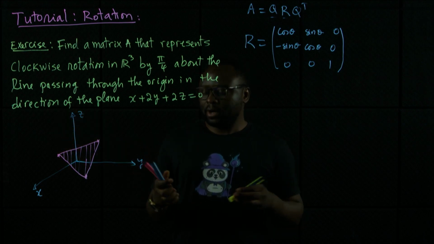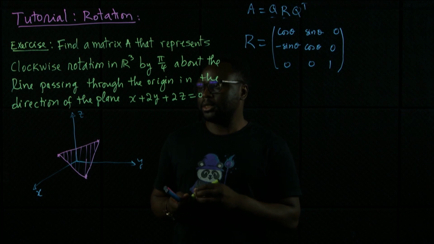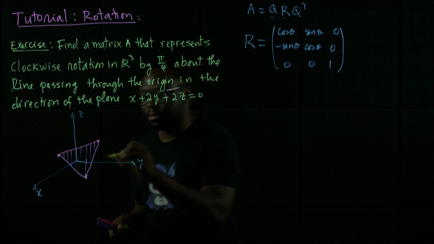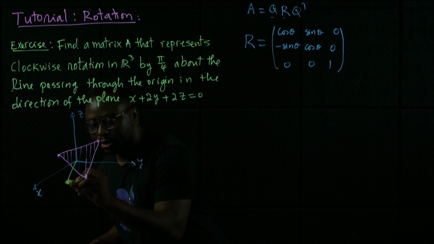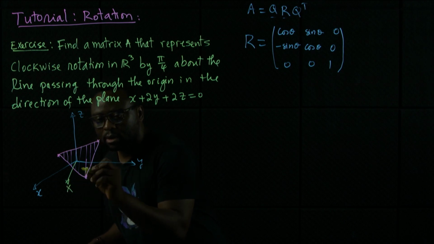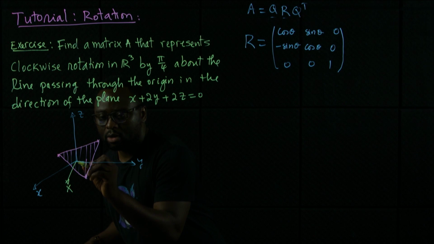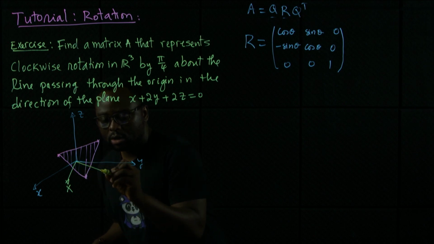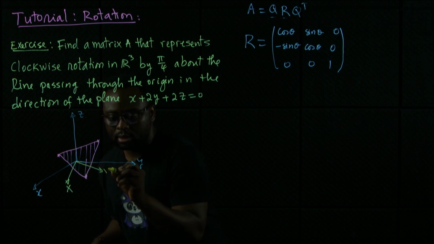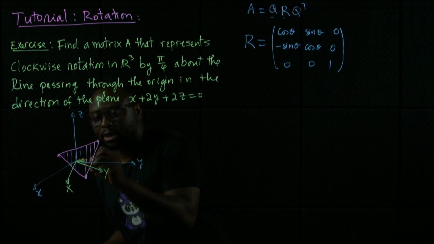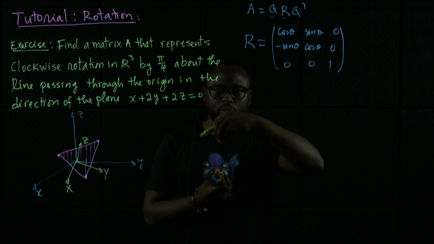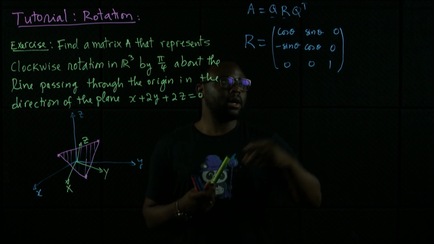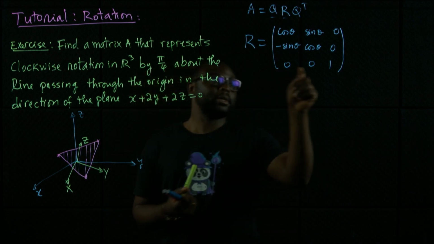So we have to define a new frame, capital X, capital Y, and capital Z, such that capital X is in the plane, capital Y is also in the plane, and capital Z is orthogonal to the plane. We want to do the rotation with respect to Z.